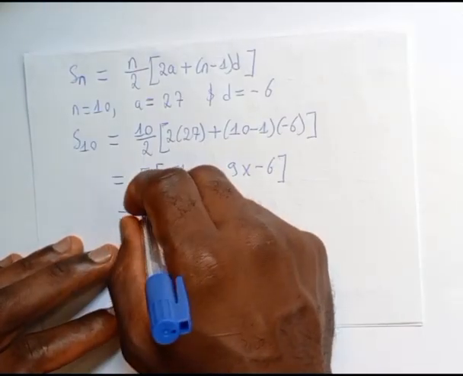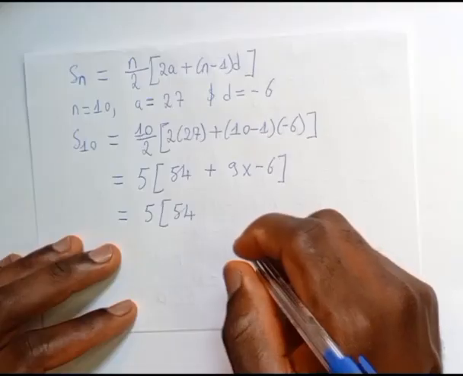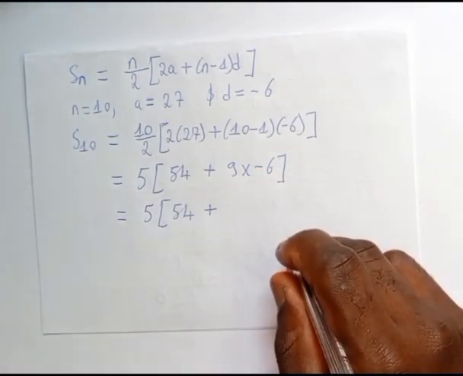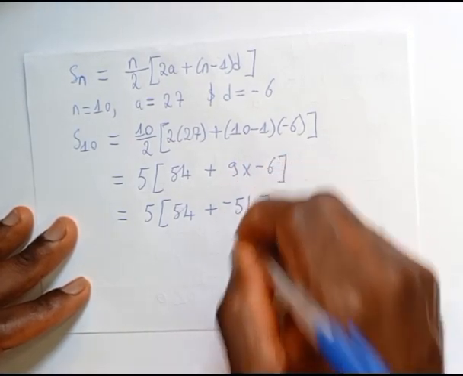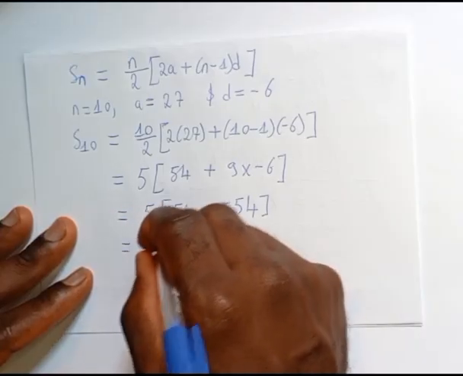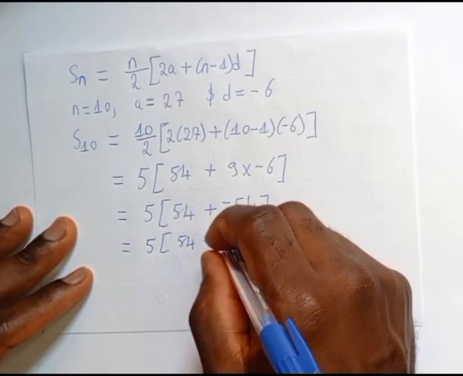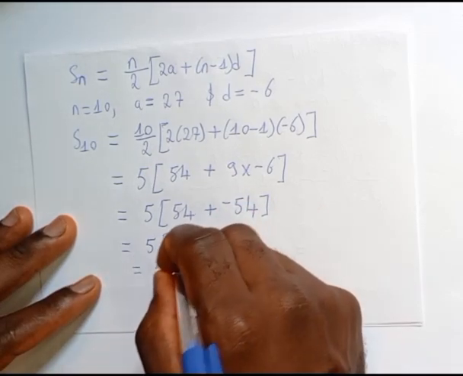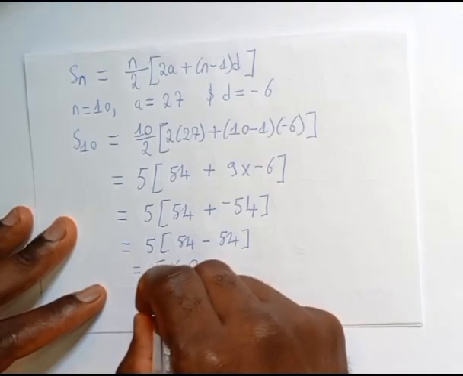This will simply be equal to 5 times 54 plus negative 54, which is 5 times 0, and 5 times 0 is simply equal to 0.